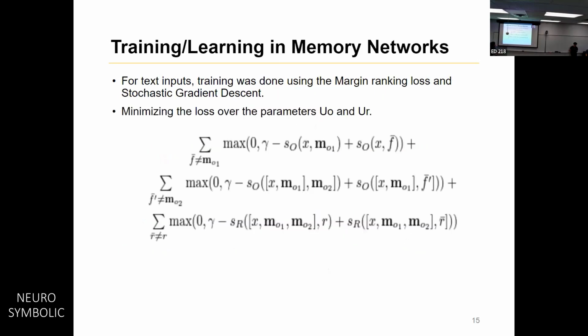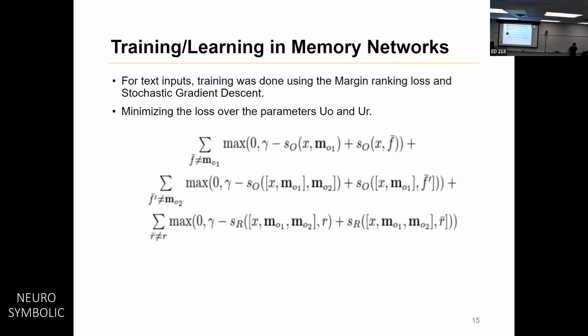Next slide, please. So yeah, here when we talk about the learning of it, the problem comes that the UO and UR are actually the parameters of the model, not the parameters of the features. And in their example, where they use it for question answering of text, not exactly logical reasoning, they use margin ranking loss, and it's trained by vanilla SGD and vanilla backpropagation.